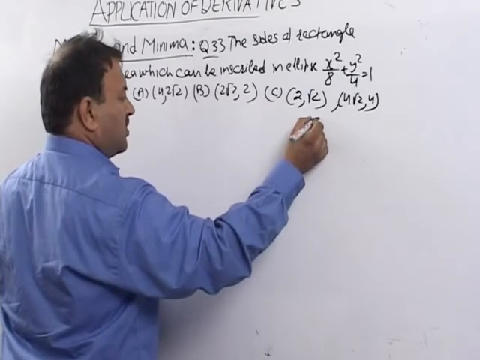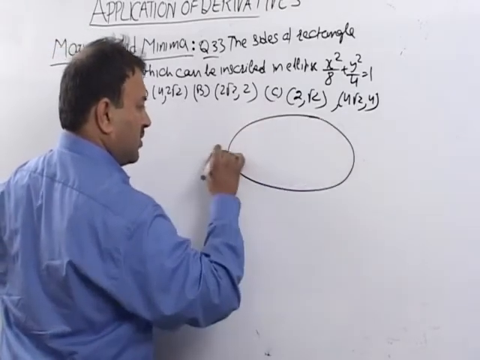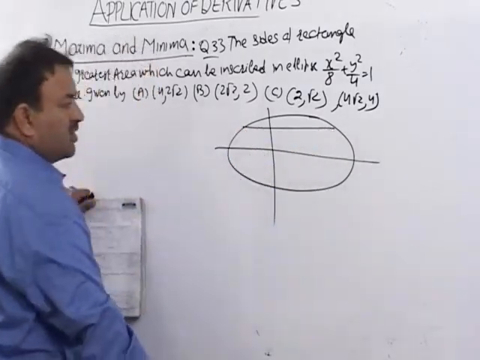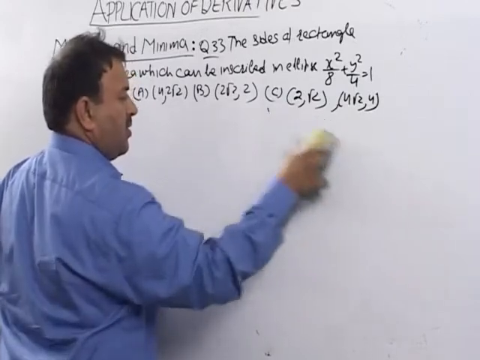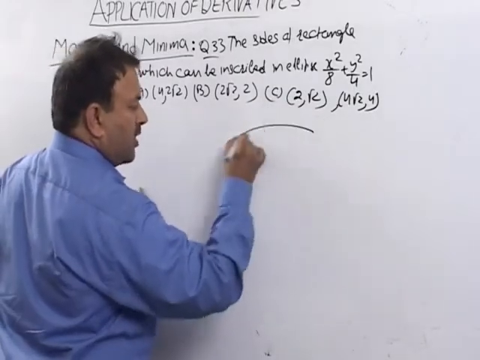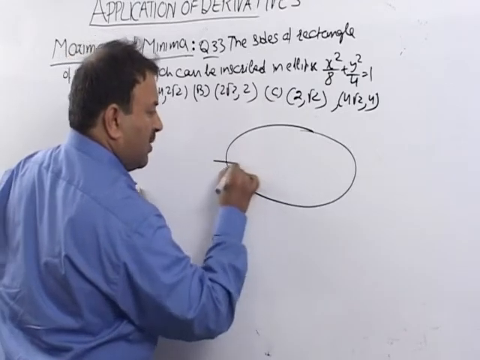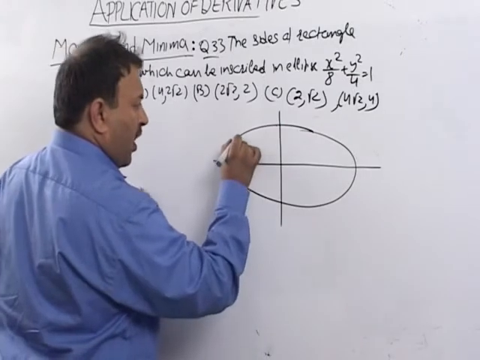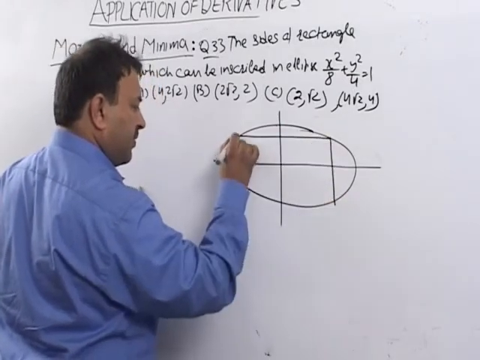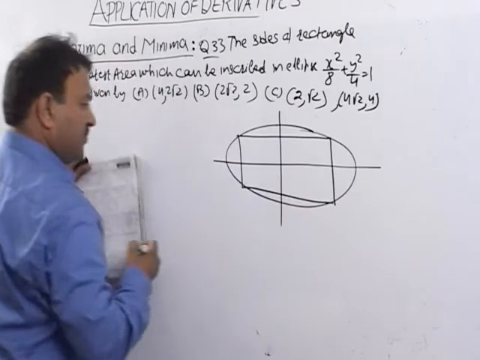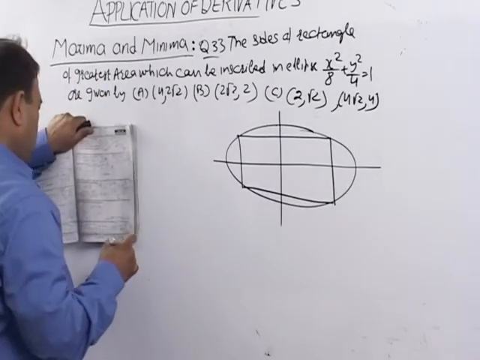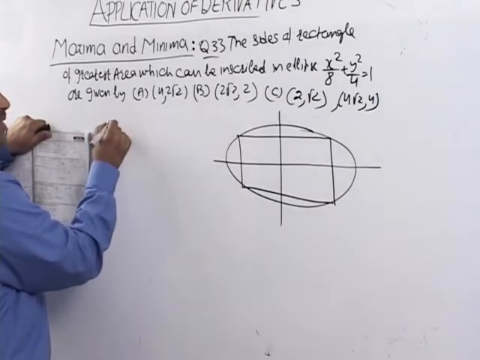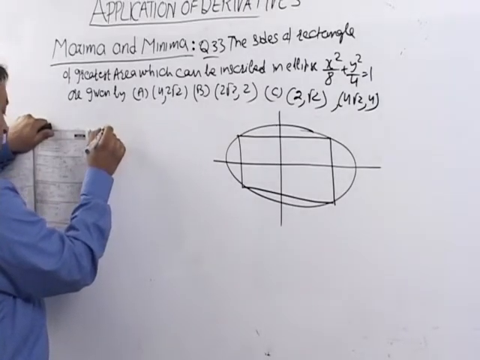So we find out, suppose I draw this ellipse. Let me just draw it once again. I am trying to draw a symmetric curve, symmetric about its center, and I pass it from here. Now I draw a rectangle over here. Let the ellipse be x square over 8 plus y square over 4 is equal to 1.